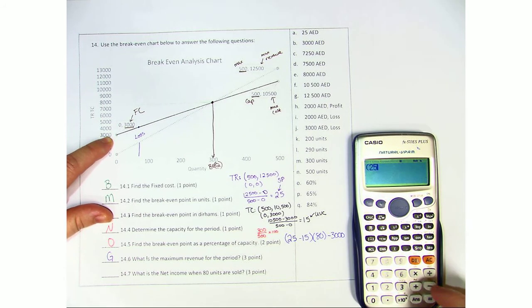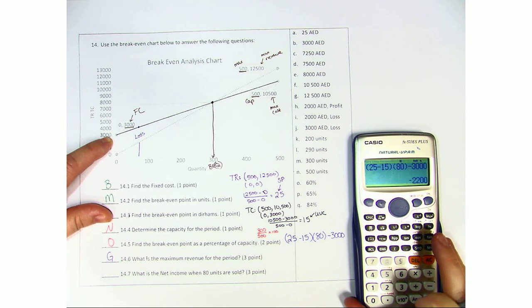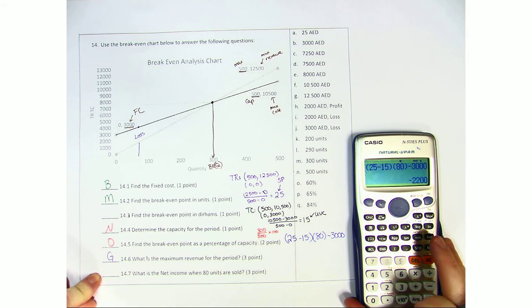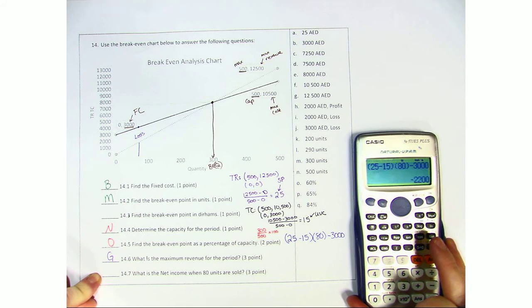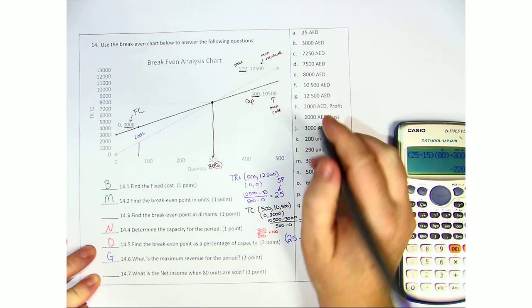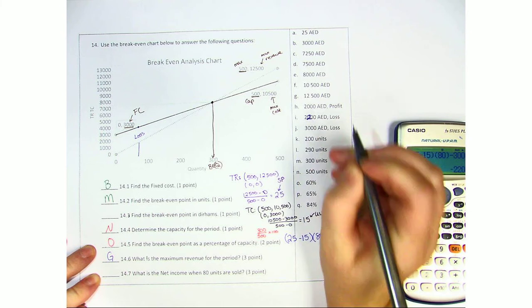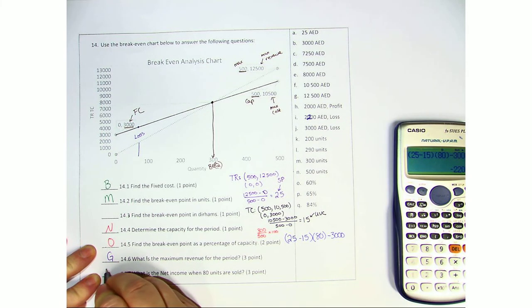Open bracket, 25 minus 15, close bracket, times 80 minus 3,000. And we get a loss of 2,200. In which case, this should have been here. So it should be I, but I'm going to put 2,200 just to be on the safe side.